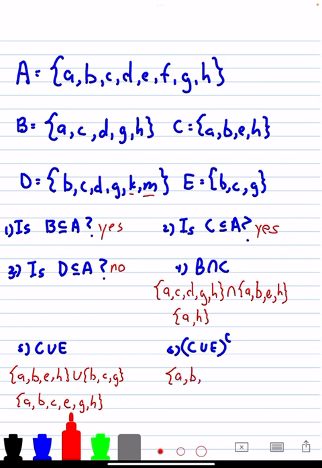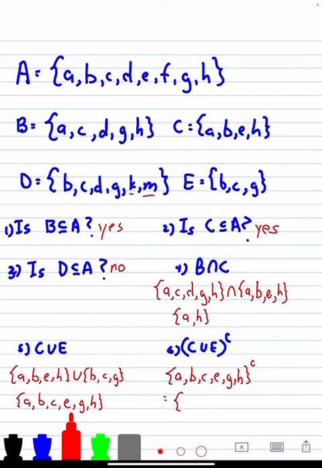So that's going to be A, B, C, E, G, and H. But we need the complement of this. So we need everything in the universal set A that is not included in this set.